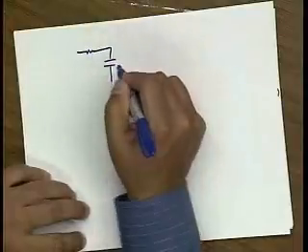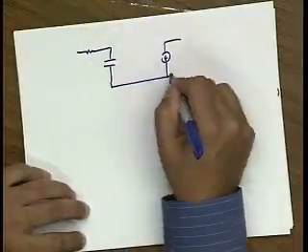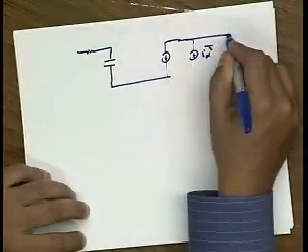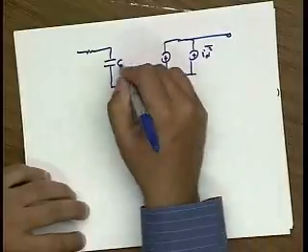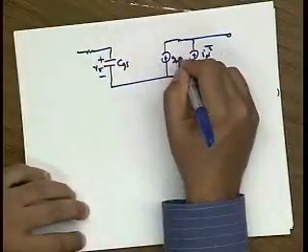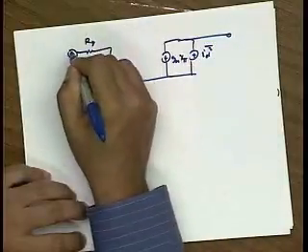So if I draw the simplified equivalent circuit, we're going to include the drain noise, CGS, let's call this V pi, GM V pi. This is our gate, which generates a noise.